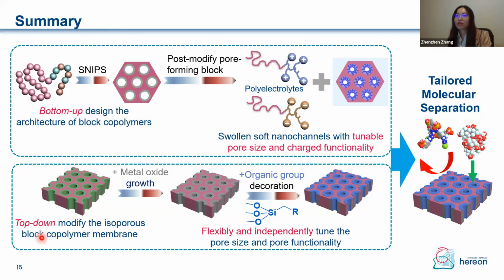Another approach is a top-down process by growing the metal oxide within or onto the nanochannels. Afterwards, we decorate the different functionalities along the nanochannels. And from those two approaches, we got very promising results.